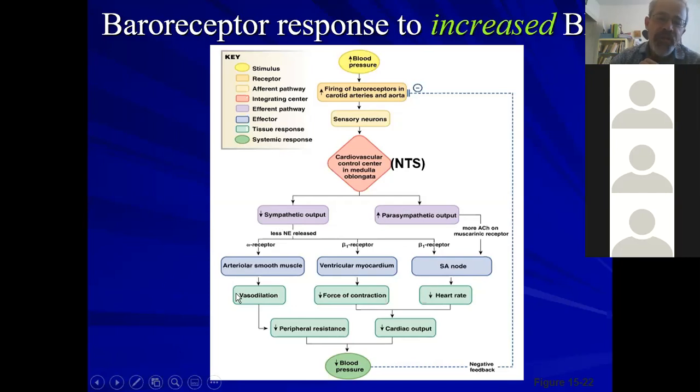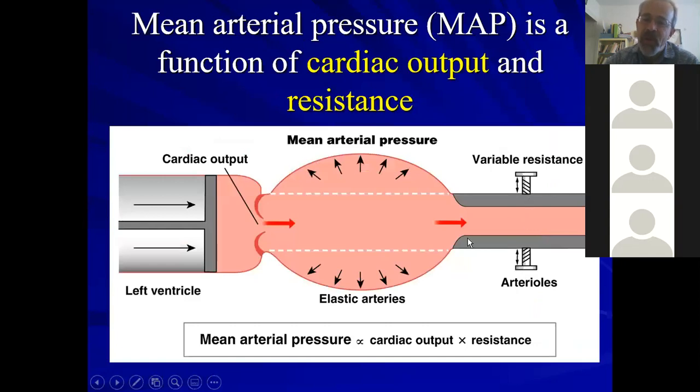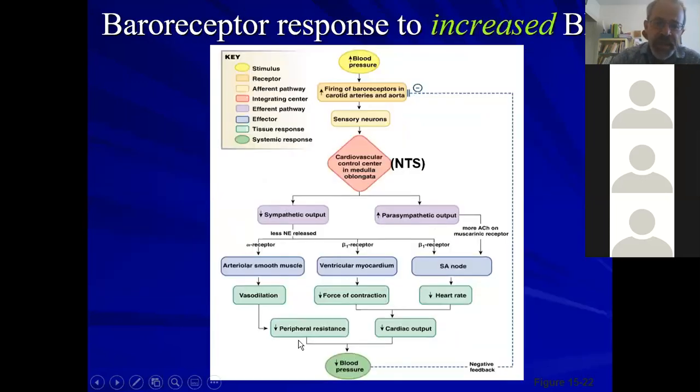And we're going to cause vasodilation. Now, going back to this picture, if we increase the diameter of this vessel, that's vasodilation. So by reducing the sympathetic activity, we're going to reduce the output. We're going to increase the diameter, which is going to reduce the resistance. Okay, and that's ultimately going to decrease blood pressure.